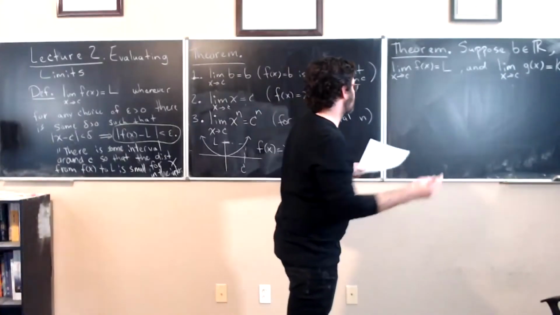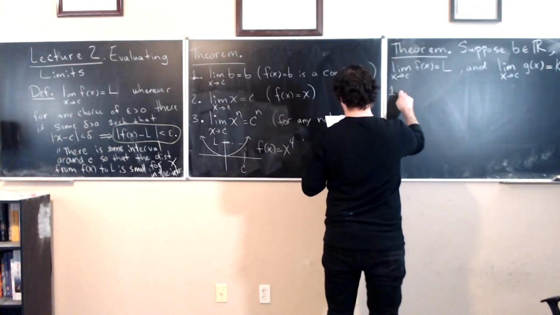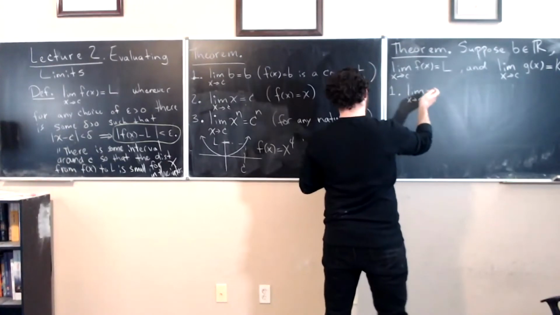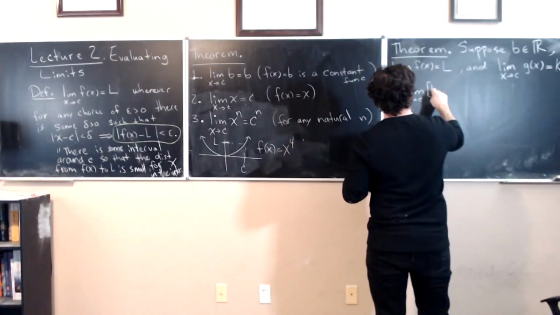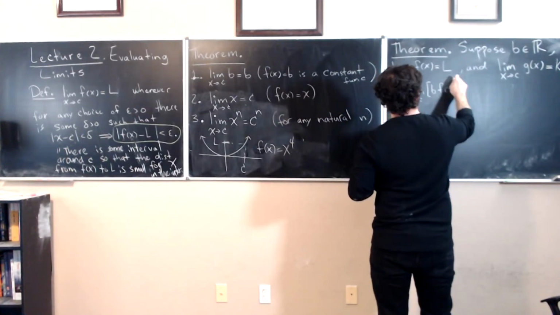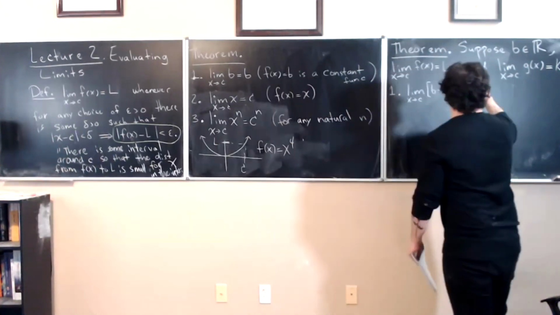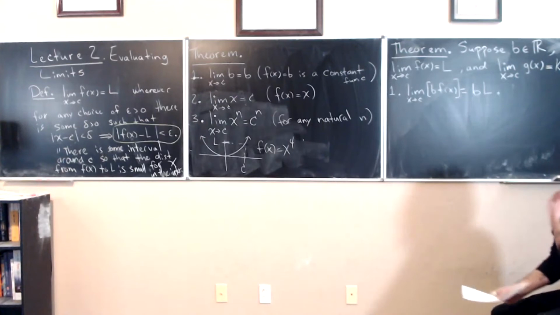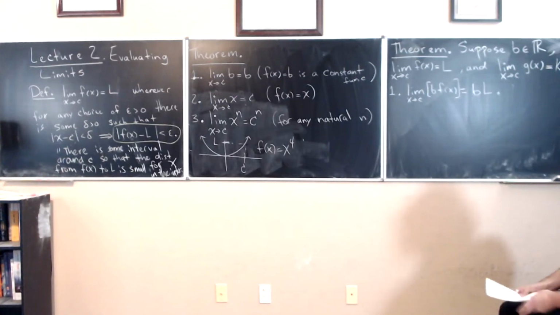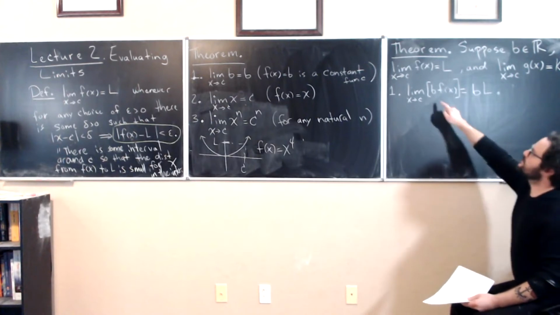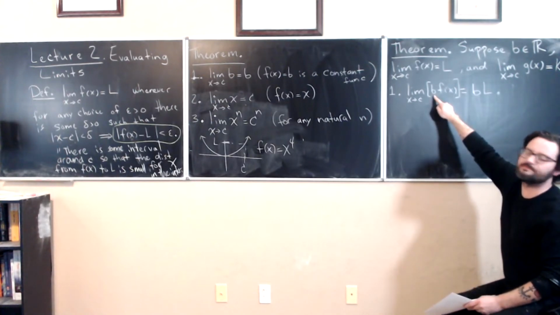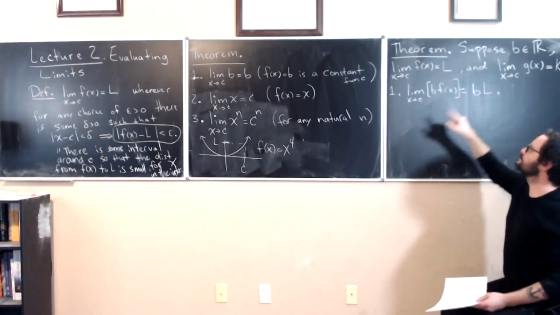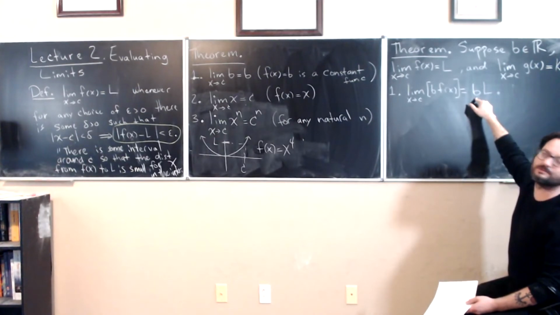Now, this theorem, as I was just mentioning, has a few parts. The limit as x approaches c of b times f of x is equal to b times L. So what this is saying is that for any scalar multiple b, we can essentially take it out of the limit and evaluate the limit of f of x on its own and then multiply back by that scalar multiple.